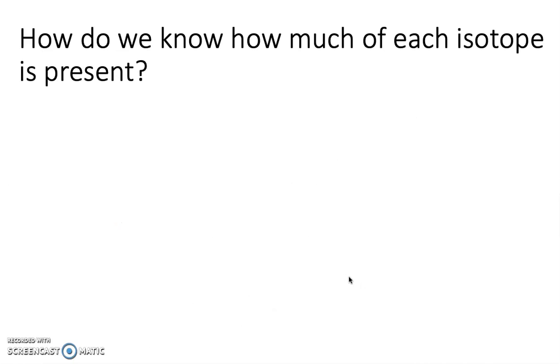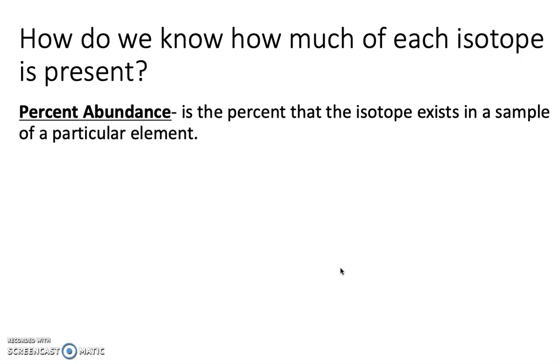How do we know how much of each isotope is present? That's a really good question. Well, scientists pondered on that and they figured it out. They did a lot of testing. There's something called percent abundance, and that is the percent that the isotope exists in a sample of a particular element.